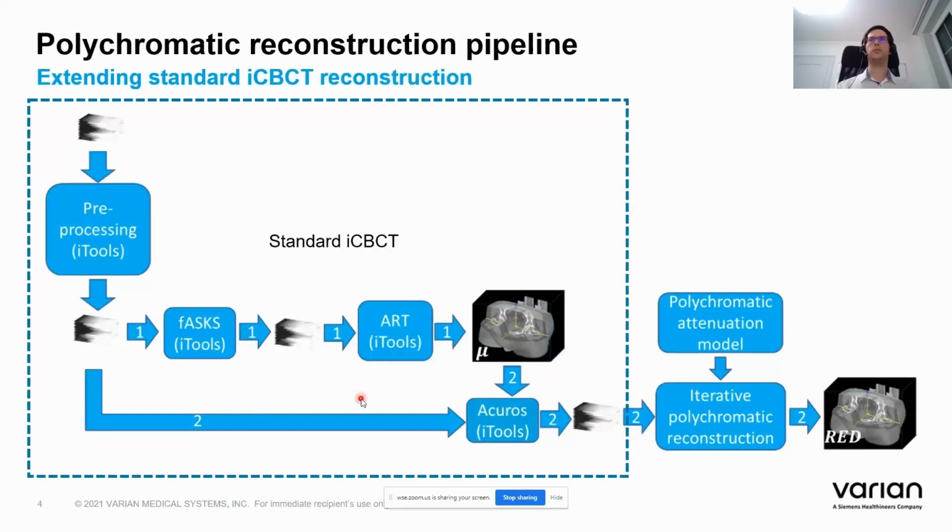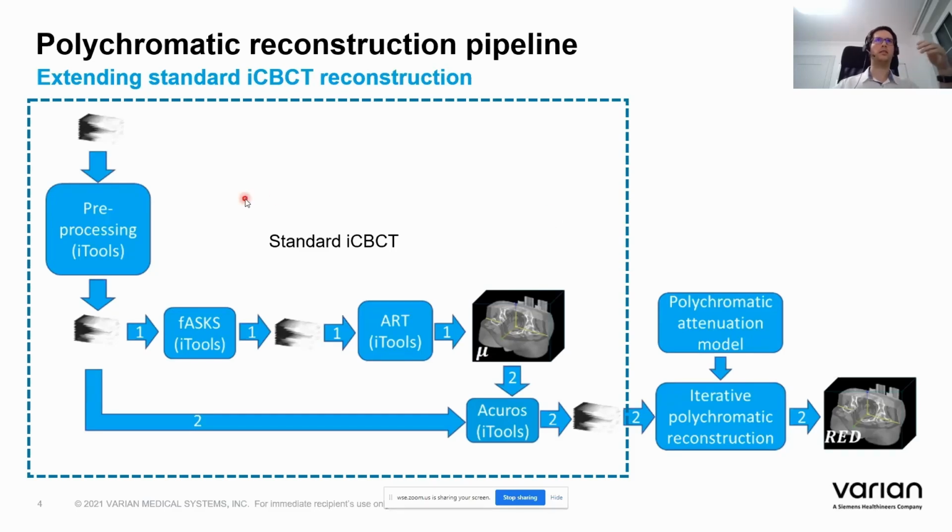As mentioned in the previous slide, the polychromatic forward projection models only the attenuation properties. Therefore, we need to correct for scatter before actually running the iterative polychromatic reconstruction. To that end, we coupled the polychromatic reconstruction with an existing pipeline in our non-clinical reconstruction toolkit called iTools.